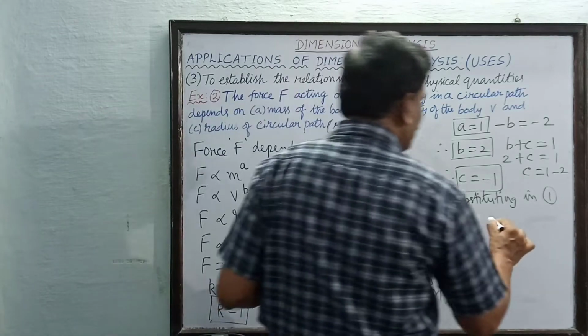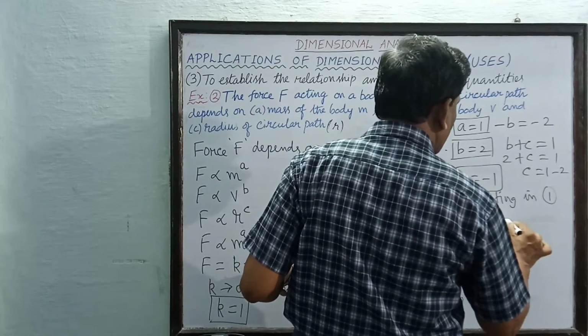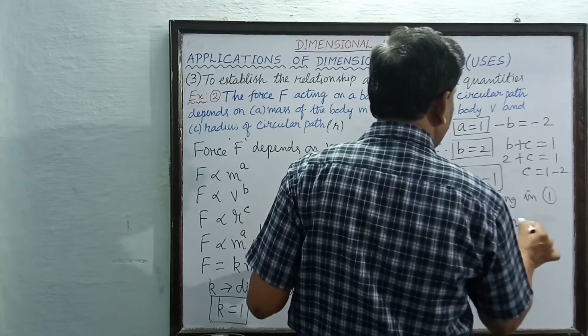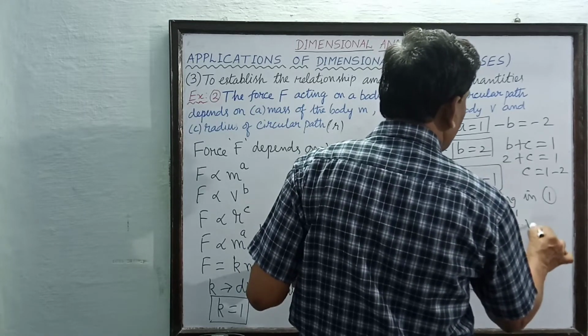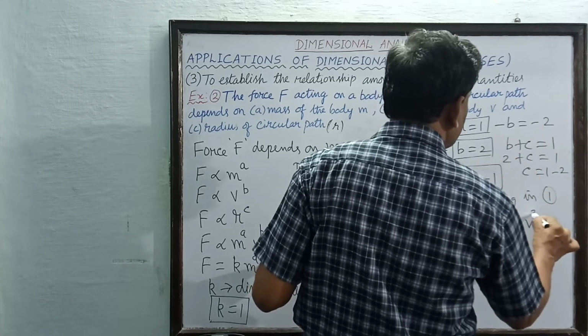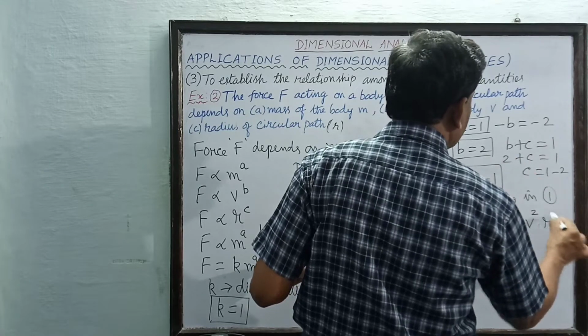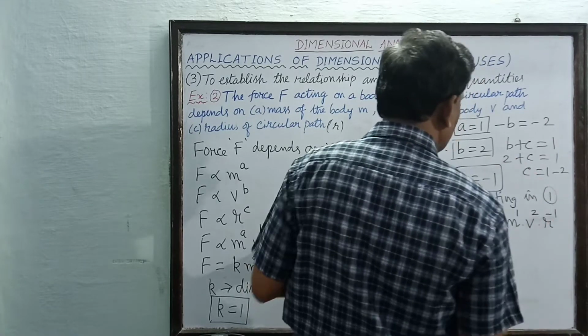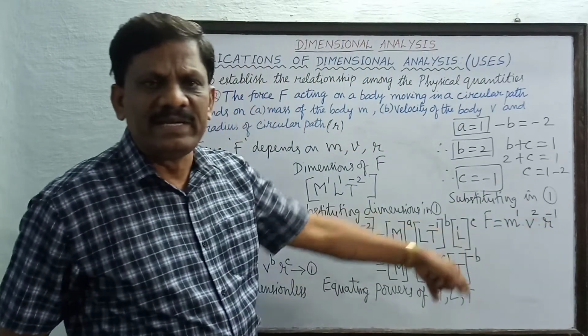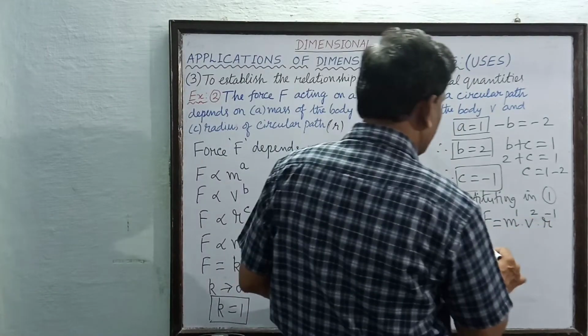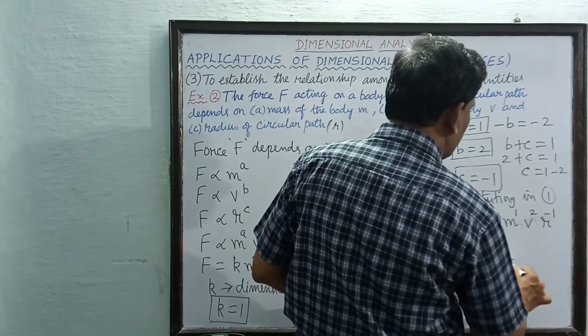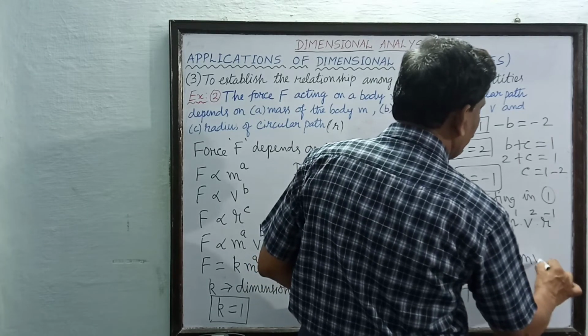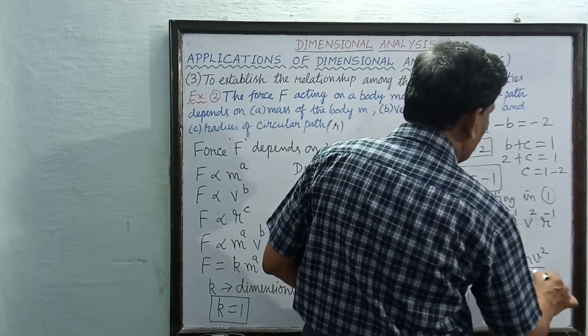So I will write F is equal to m raised to the power 1, into v raised to the power 2, into r raised to the power minus 1. So r power minus 1 goes to the denominator. Therefore this force is equal to m v square by r.